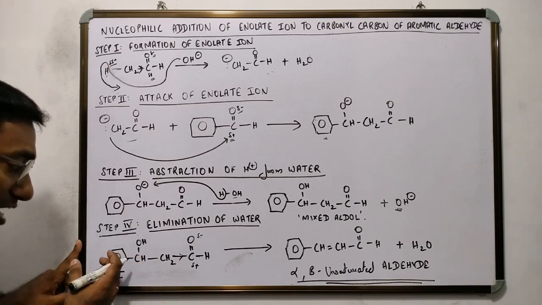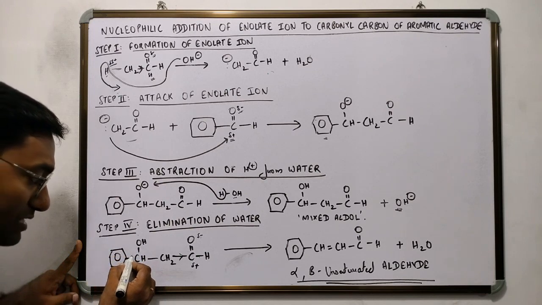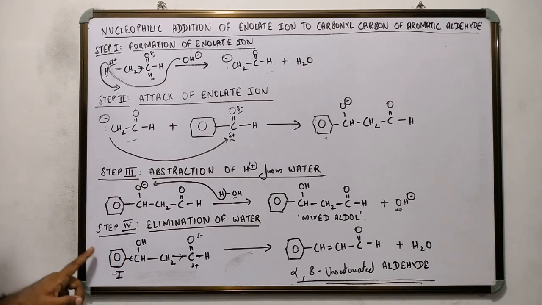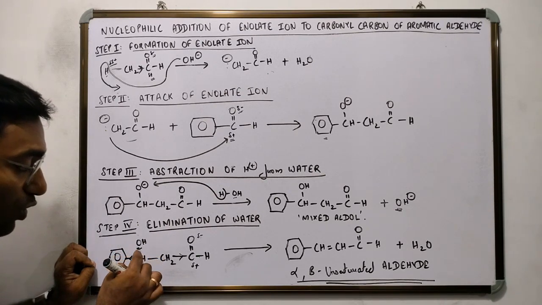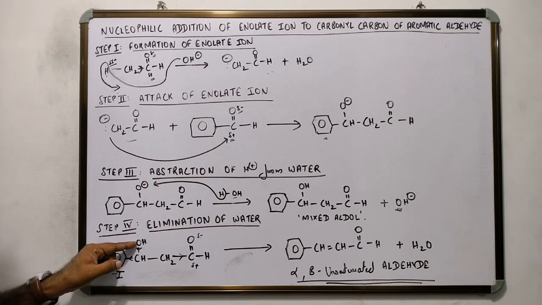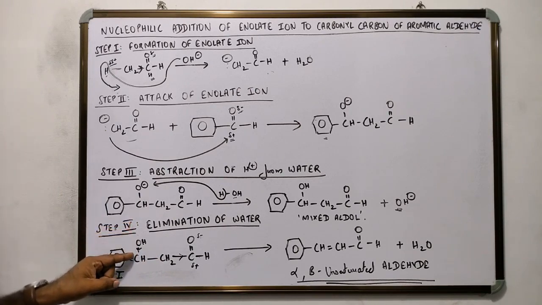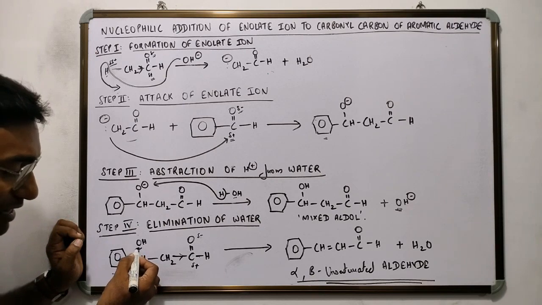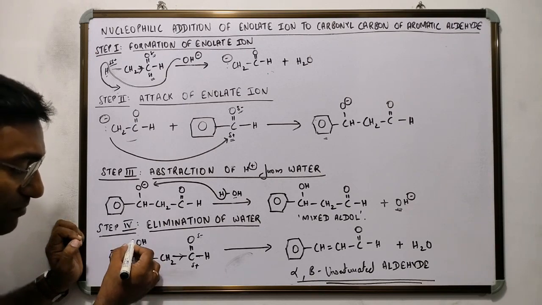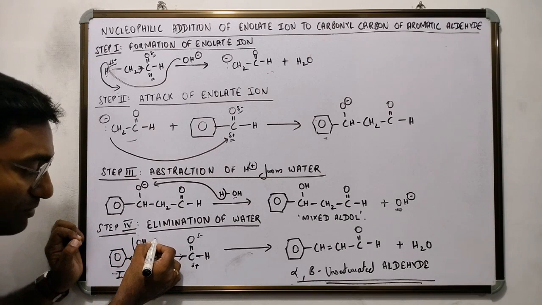That means the phenyl ring pulls electron from this carbon atom, and this carbon atom, the adjacent carbon atom, pulls electron from OH. However, oxygen is also electronegative and it also pulls electron towards itself. So this bond is a highly stressed one, and it's a matter of time that OH minus splits from the molecule.